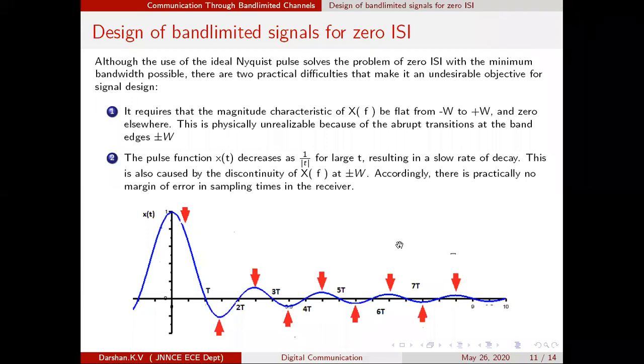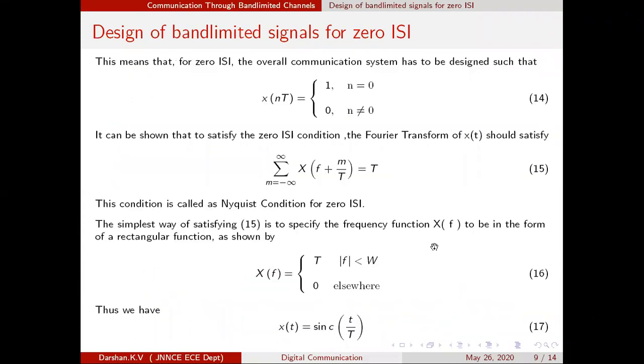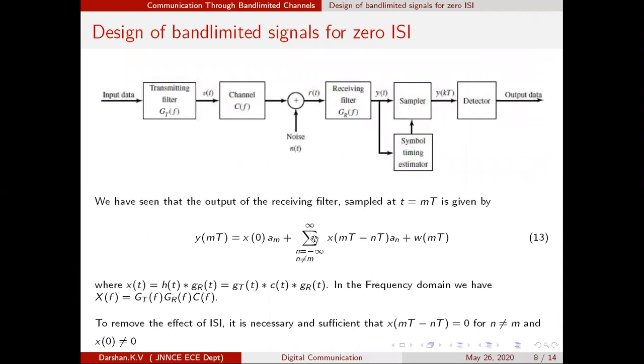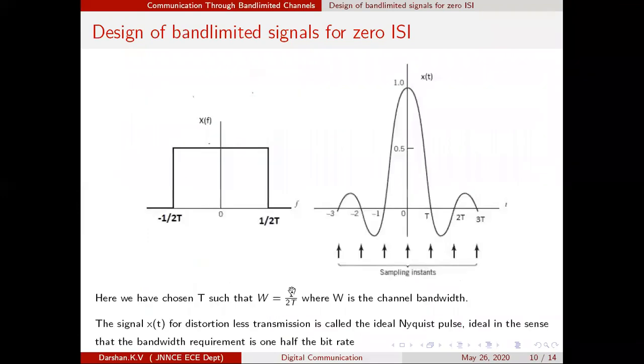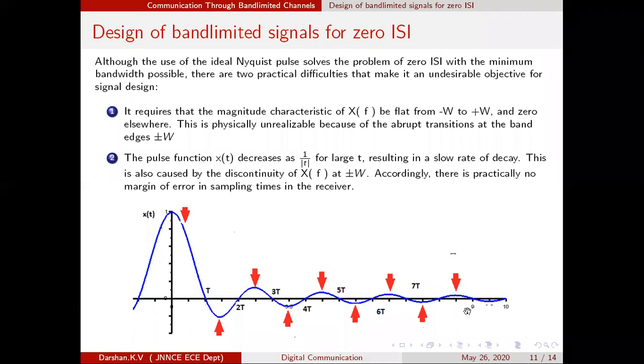Why have I shown so many samples? Because remember, in your equation, the x is associated with a summation from minus infinity to plus infinity. Therefore, I am showing so many values. Now here, how should x of t be?